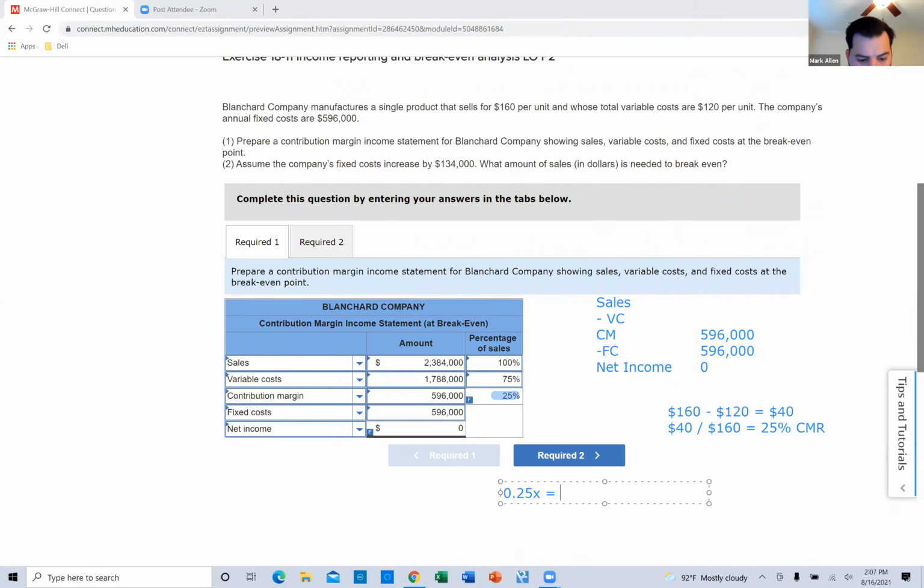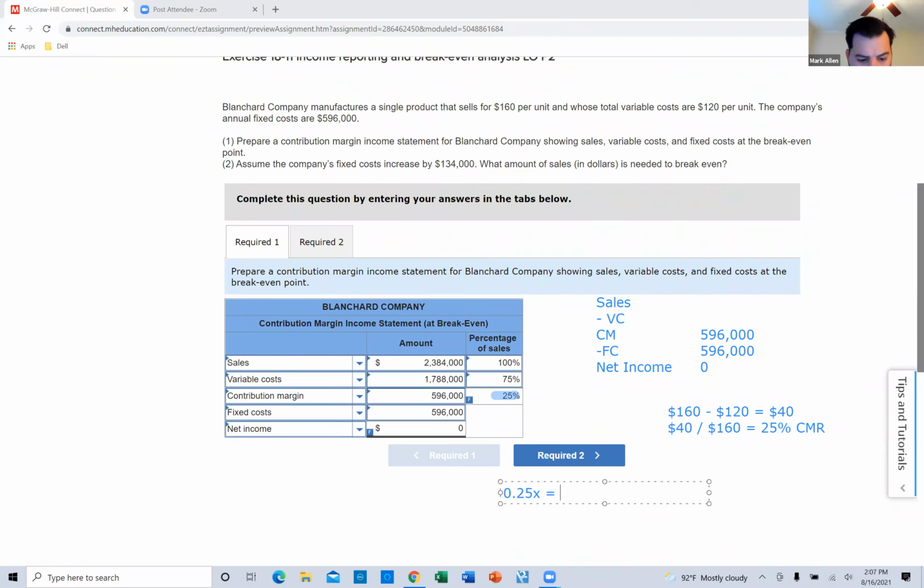When I divide on the left, it'll cancel out and just leave me with x, or just leave me with sales. Then I'll do the division on the right, and that'll allow me to see that x, in this case, is equal to $2,384,000. So now this $2,384,000 simply flips around and plugs in up top. And of course, sales is 100% of sales, so that becomes there.